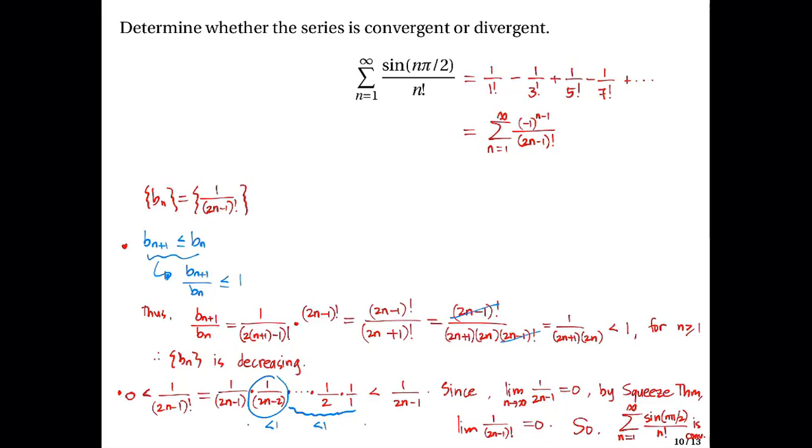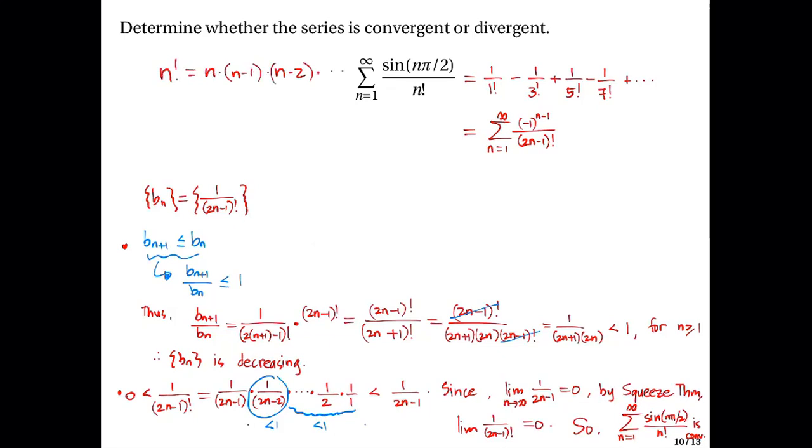Paano, question here, paano naging less than 1 yung 1 over 2n minus 2? Think of this, yung 2n minus 1 factorial, di ba yung n factorial, this is n times n minus 1 times n minus 2 times that.